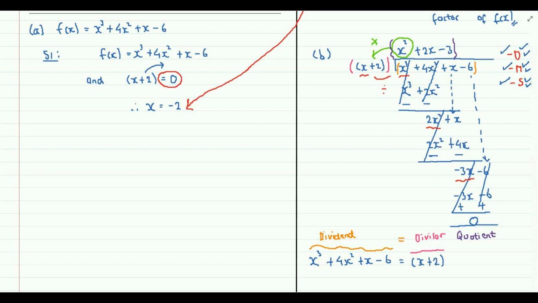Let me copy down the quotient, so it's x squared plus 2x minus 3, plus the remainder, and the remainder, as you can see, is 0. So plus a 0.